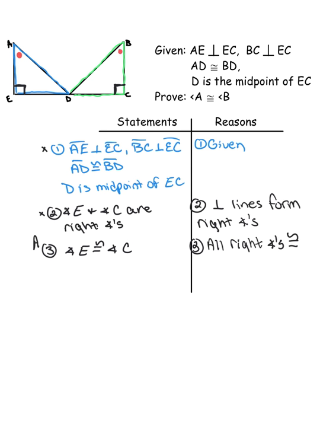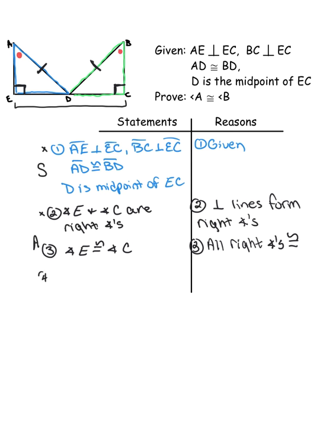Now, if I look at the second piece of given information, it says AD is congruent to BD. That gives me a side. If I look at the third piece of information, it says D is the midpoint of EC, so it's the midpoint of this bottom piece.